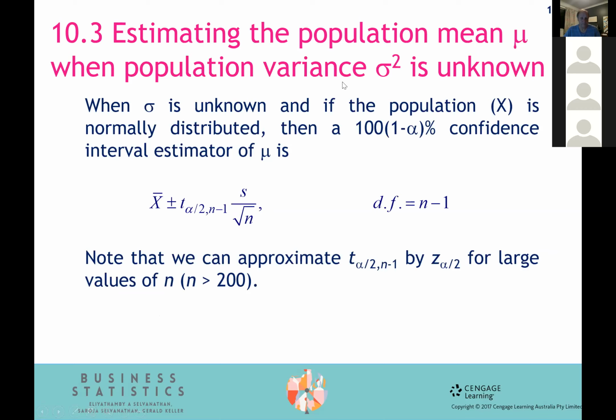Estimating the population mean when the population variance is unknown, and if the population is actually normally distributed, then with alpha at 5%, the 95% confidence interval is this T distribution value for alpha/2 times the standard deviation divided by the square root of n. So this is the little sum that we need to know. I'm actually going to cut and paste this quickly now.